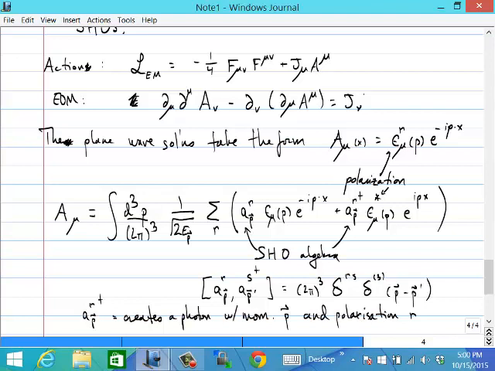Indeed, this is the more interesting and physically relevant case than the real scalar field, because the example that we're going to spend a lot of time studying this semester is quantum electrodynamics, where we might be interested, for example, in calculating scattering of photons with electrons, or the anomalous magnetic moment of the electron, or something like that. And in that case, the particles that we're interested in studying are the photons that we're describing here.